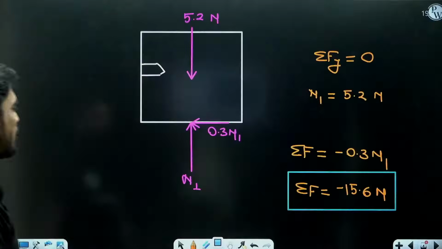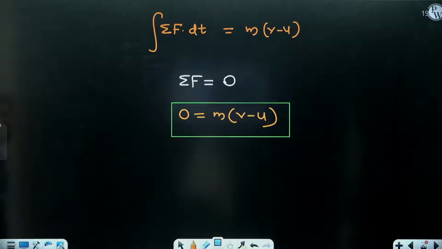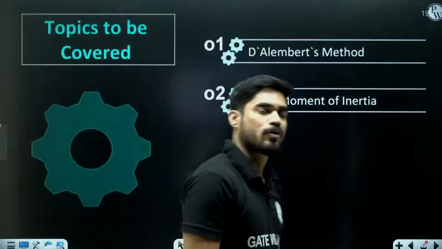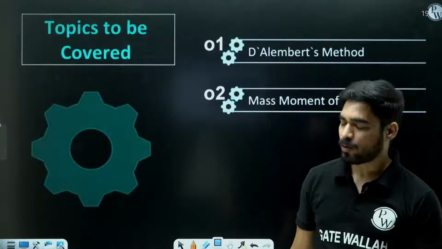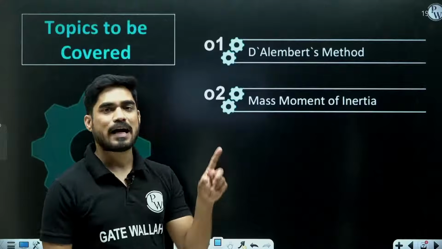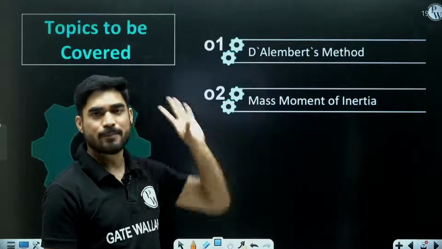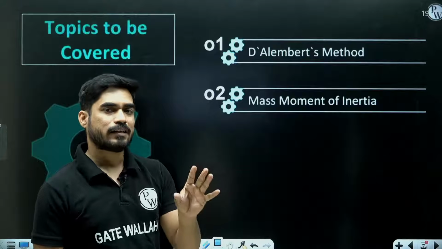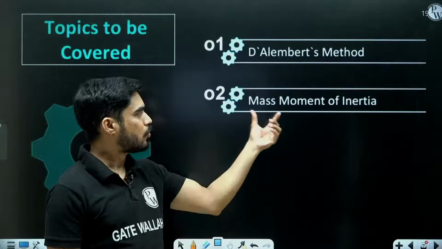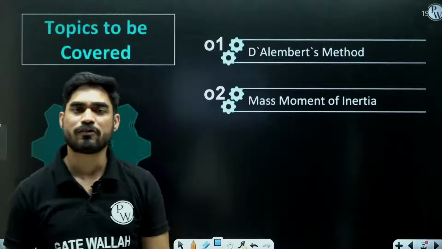Okay, so let's move on to today's lecture. Now today we are starting the concept of kinetics of rigid bodies, where we will learn how to solve problems of kinetics of rigid bodies using D'Alembert's method. And when we apply D'Alembert's method, we will need to know the concept of mass moment of inertia also.